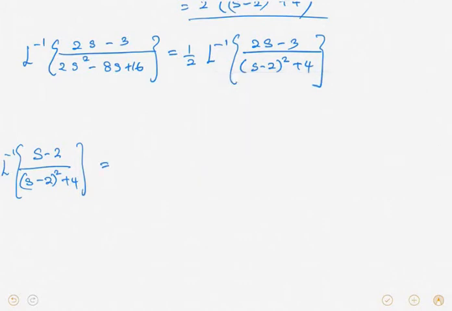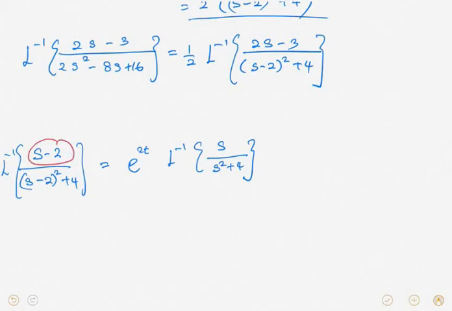You will obtain exponent 2t, and then you have inverse Laplace s over s squared plus 4.